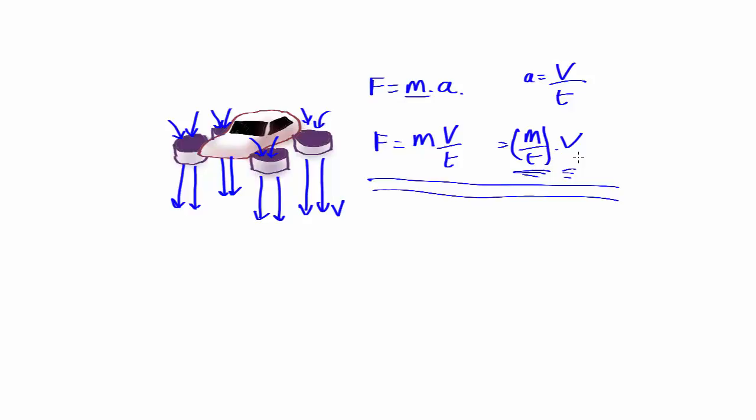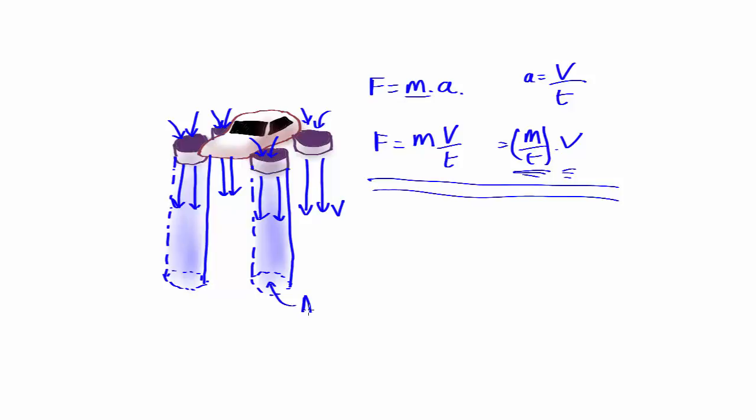Okay, so how much air can we actually feasibly blow down? Well, all the air blowing down you can imagine as a cylinder from each fan. It won't go straight down like this, it'll spread out, but that's going to give us a good approximation. So if we consider a cylinder like this, the area of the bottom of the cylinder is A. Let's assume we have 1 square meter for each of these fans.